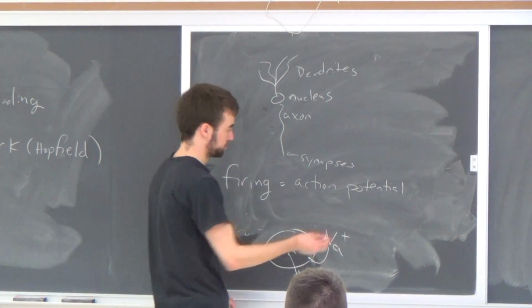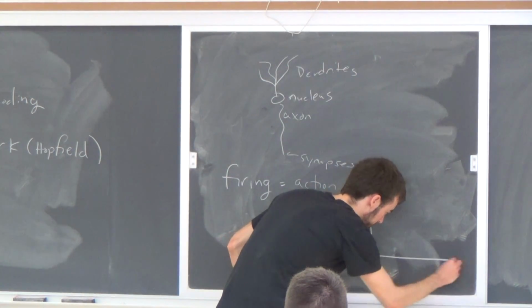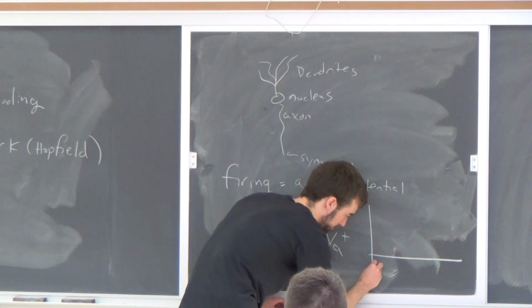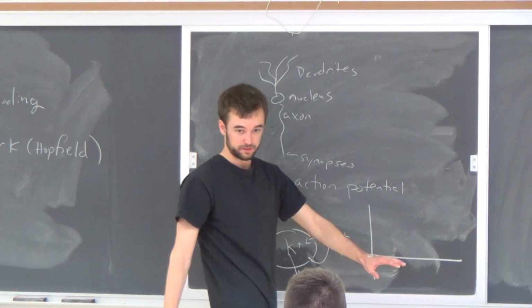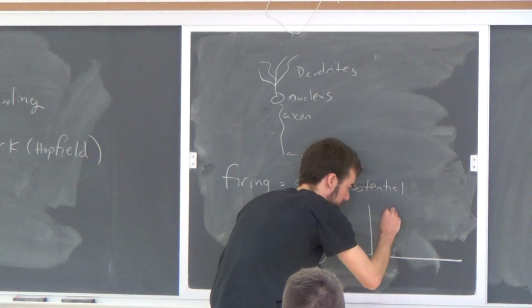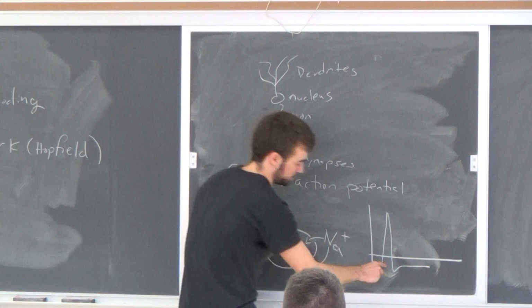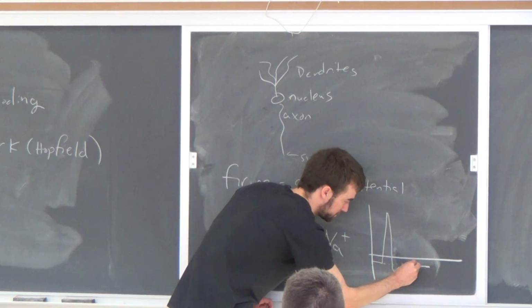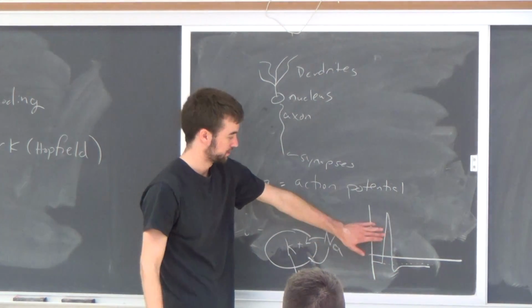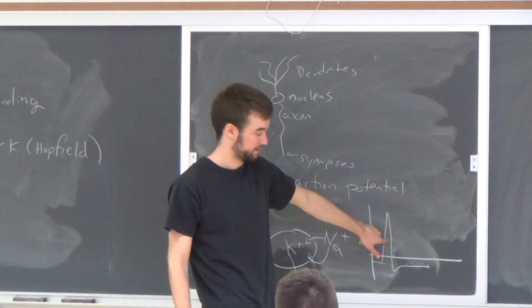If you draw the voltage, the neuron always starts out with a negative voltage, the negative resting voltage. Then it goes up, comes back down, and then undershoots where it was. This rise in potential is what firing is.